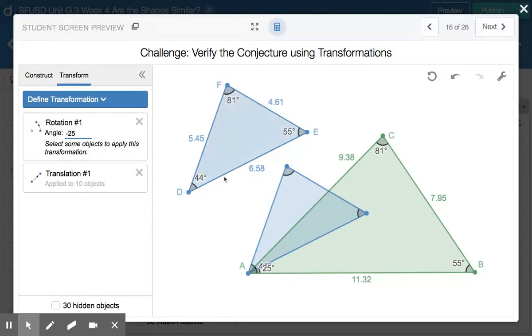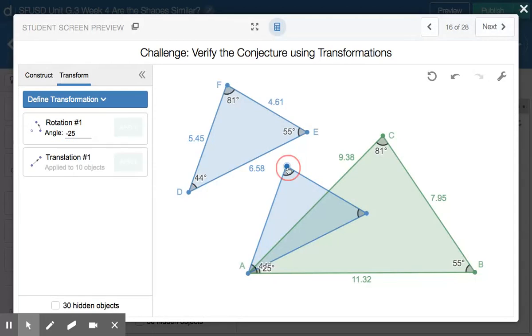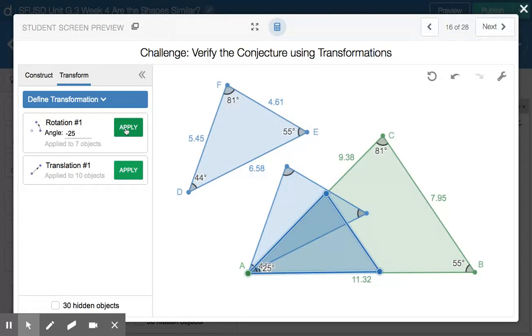And again, I need to select some objects. So I'm going to select, and I'm pressing shift so I can select multiple objects, the vertices, the sides. Okay, hopefully I have everything selected, and I will apply my rotation, and I can see it swings clockwise 25 degrees and lands just about on AB.